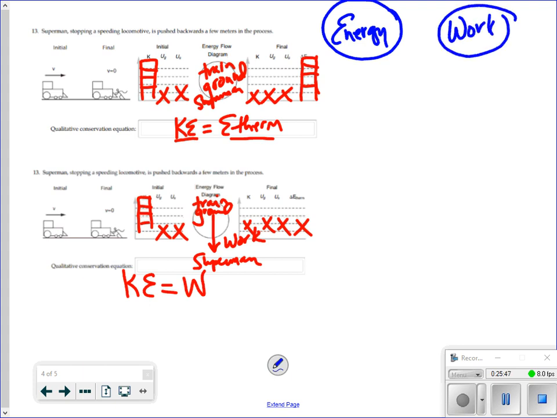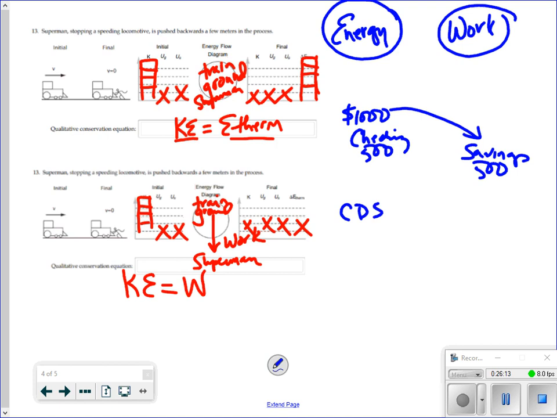All right, so if you think about it, and you don't have to write this down, if I have $1,000 and I put that in my checking account, well, I could have a savings account, and I could move some of the money over there, right? Like maybe I did 500 and 500. Or maybe I have CDs, and then I could move some of the money, like maybe I'll make that 400 and I'll put 100 over here.